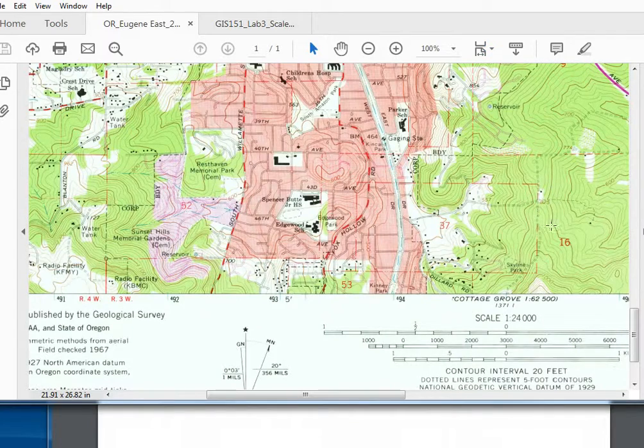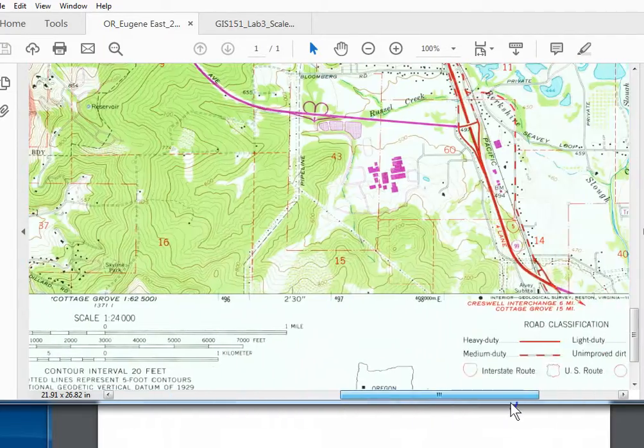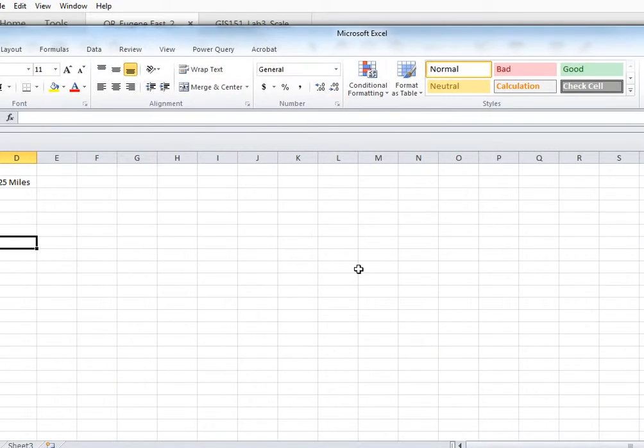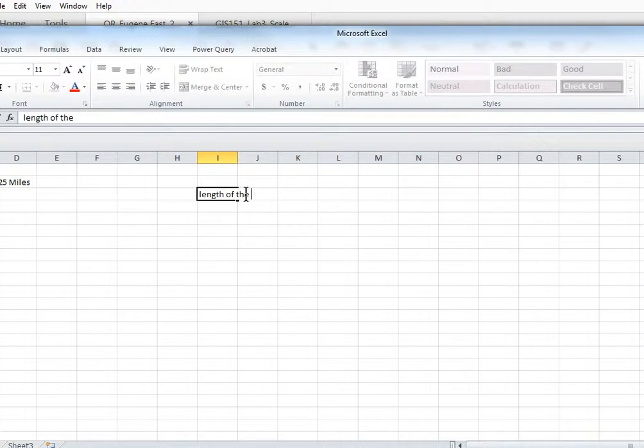And if you zoom in and measure that same distance here, that would be your known scale. And so your formula would look like this. You would put the length of the thing, I don't know what you decided to measure, on the topo map.